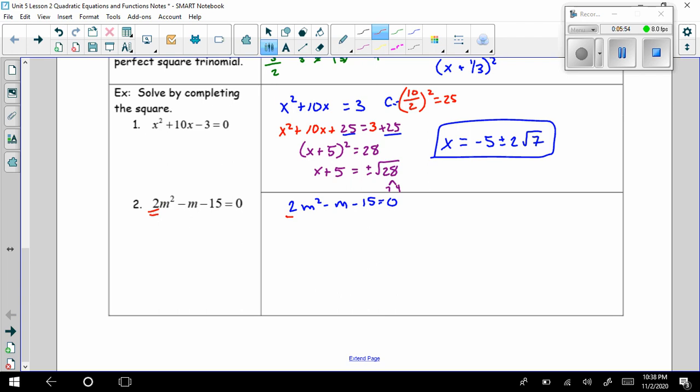And so we're just going to divide everything by 2 and end up with m squared minus 1/2 m minus 15 over 2 equals 0, excuse me. We're going to then start our completing the square process. So I'm going to move my 15 over 2 to the other side. So m squared minus 1/2 m is equal to 15 over 2.